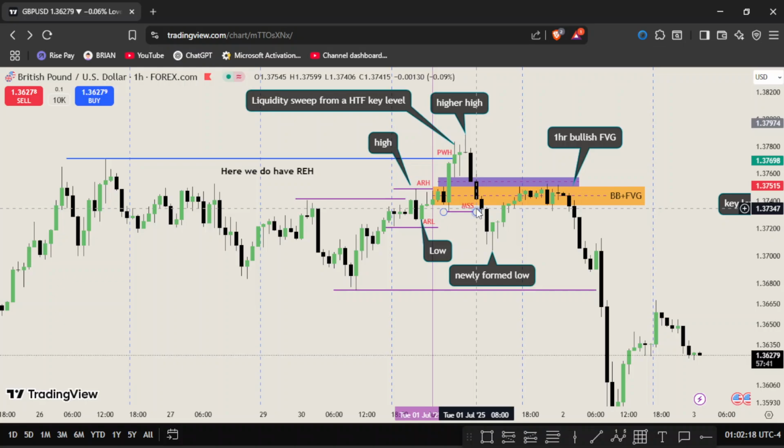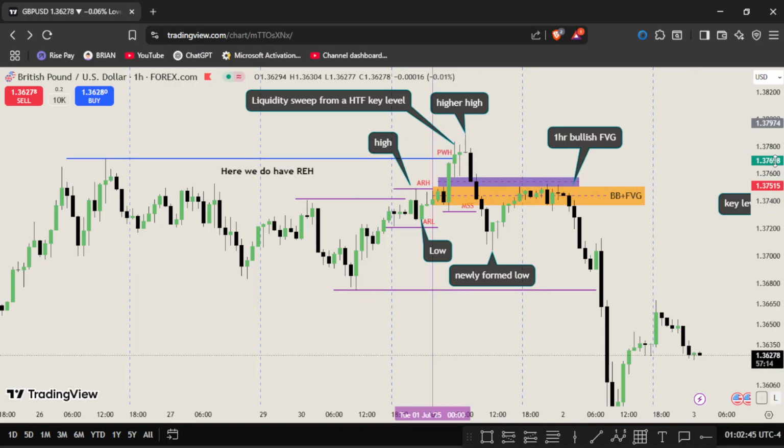A question you should ask yourself: which were the candles that initiated the sweep of a key level? Was it not this candle which initiated the sweep of these levels? This bearish candle, wasn't it the one that initiated the sweep of this previous week high?